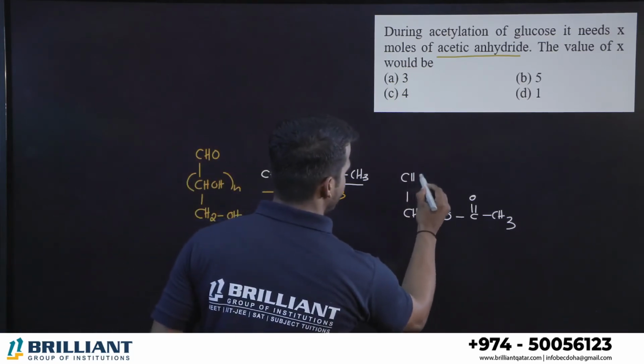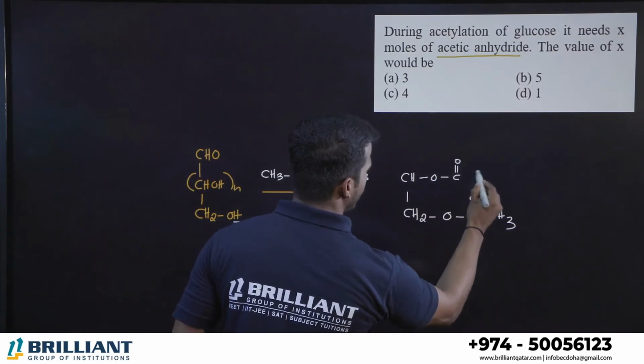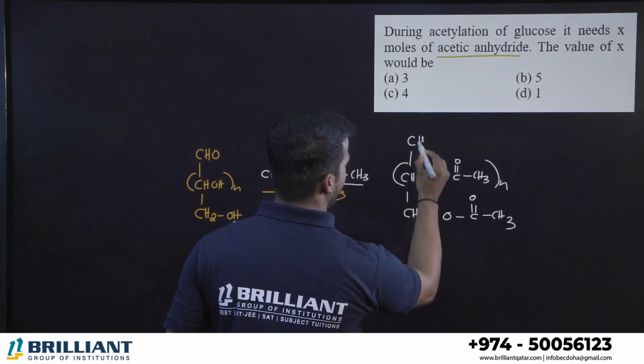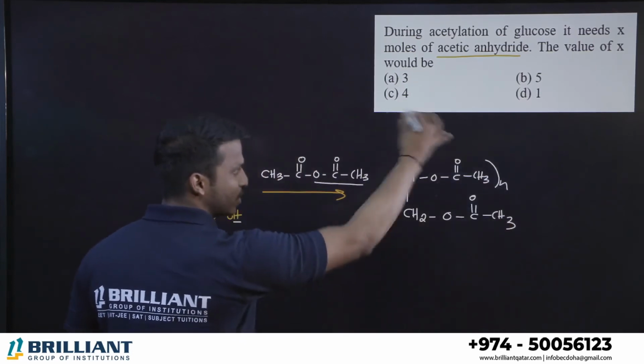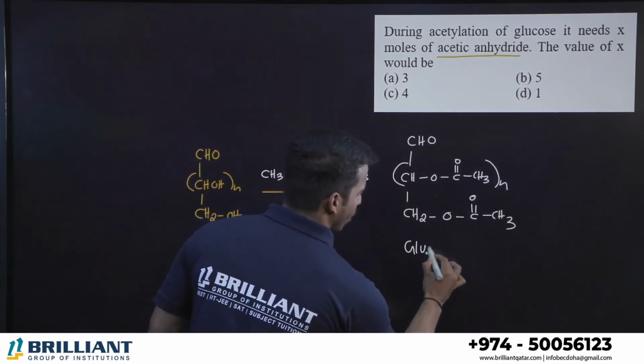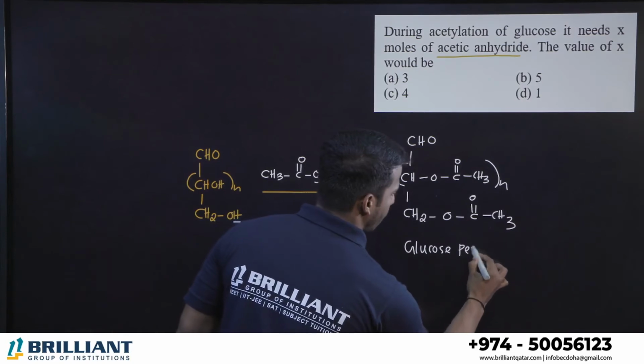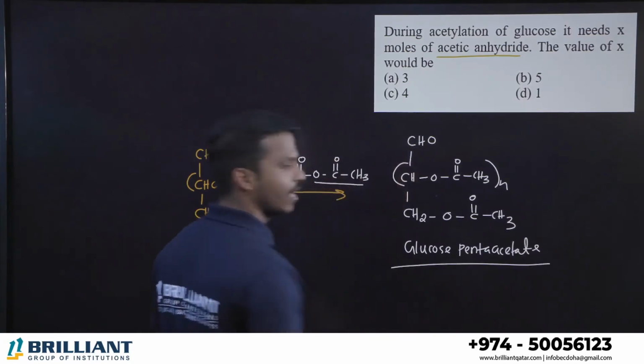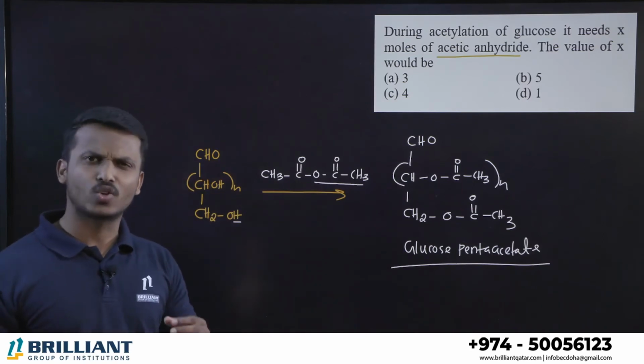So you will get CHO-COCH3, 4 times. And here we have aldehyde. You may study the name of this compound. This is called glucose pentaacetate.